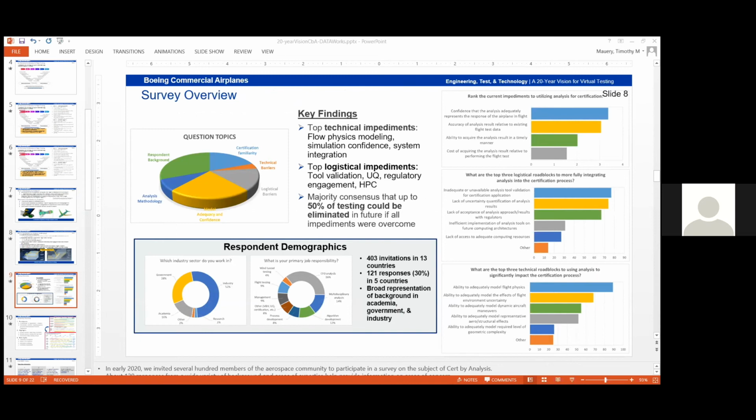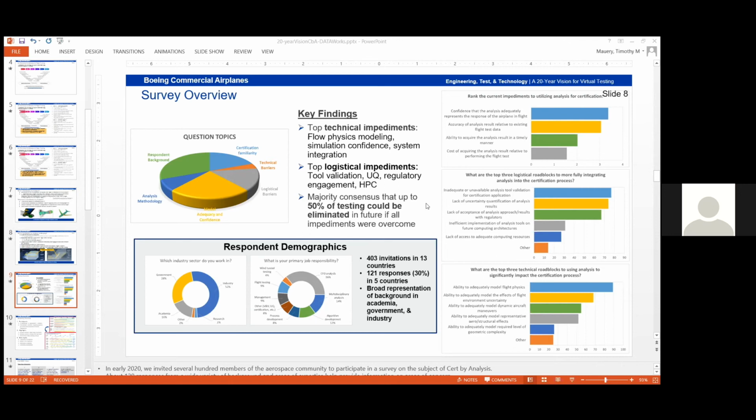The survey comprised questions regarding several aspects of certification by analysis, specifically the impediments and roadblocks, as well as considerations about the future, because those are the things we really need to work on.